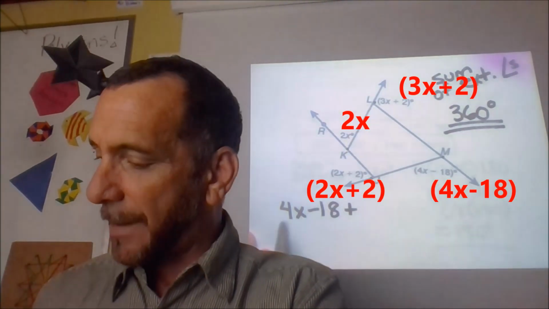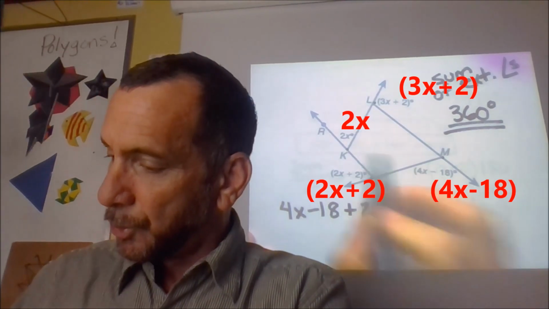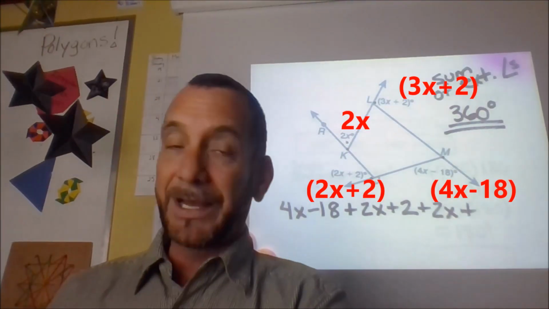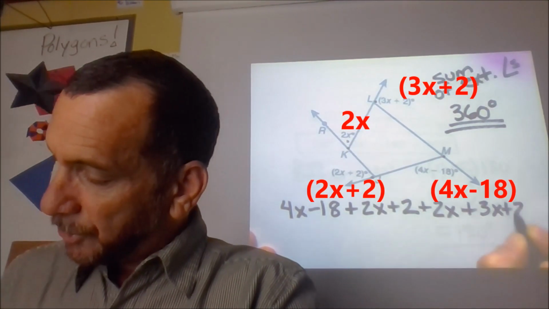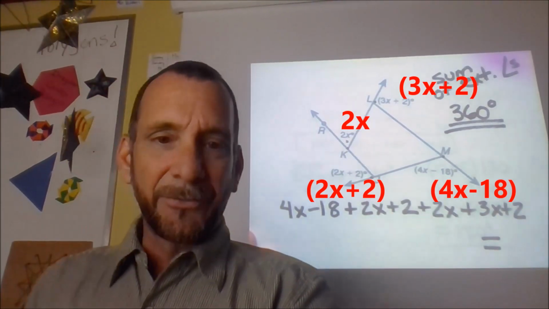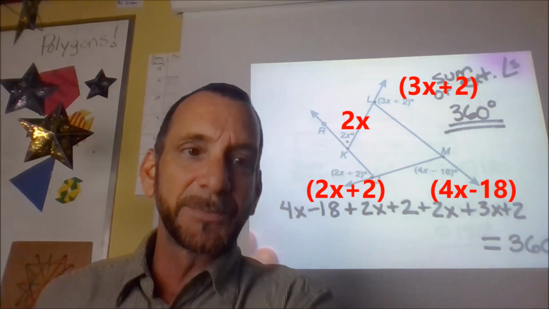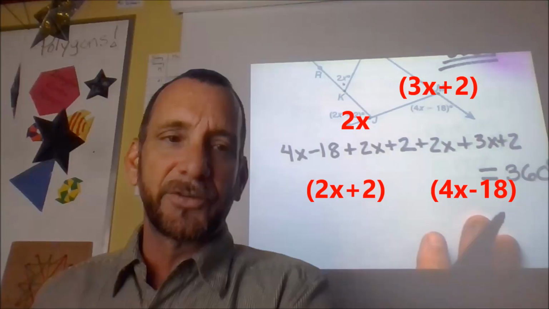That's a good trick. Drop those parentheses. 2x plus 2 plus 2x plus 3x plus 2, and that all equals 360.